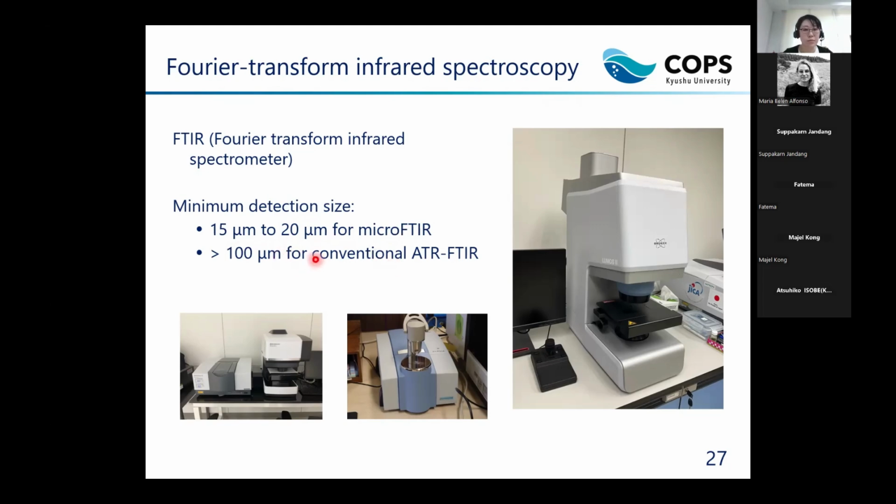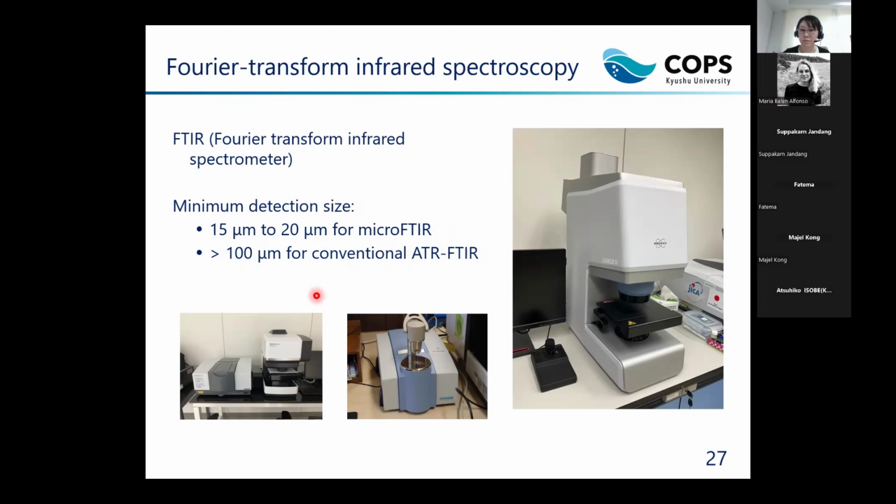And also, in the case of the conventional ATR FTIR, larger than 100 micrometer is the detectable size. Of course, you can measure smaller plastic than 100 micrometer by the conventional ATR FTIR, but it depends on your scale. So, practically, these are the limitations of the size you can measure by the FTIR.